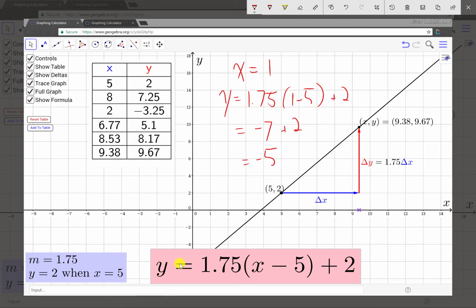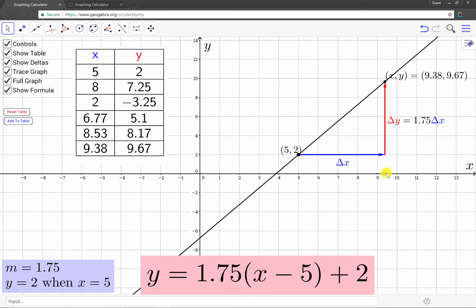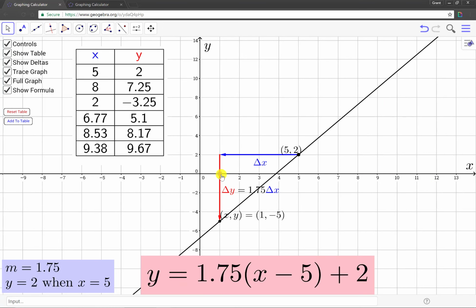So when x equals 1, y will be equal to negative 5. Using our graph, if we look at x equals 1, the point (1, negative 5) is indeed on our graph. We can also add this to our table of values, and we can see that when x equals 1, y is equal to negative 5, using any one of our three representations.